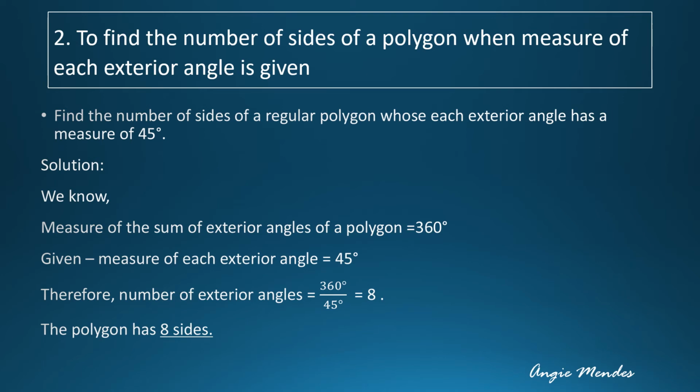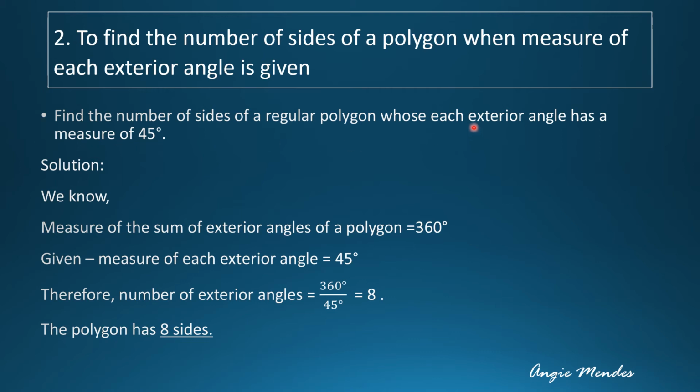Now let's take the second case, where we have to find the number of sides of a polygon when the measure of each exterior angle is given. Let's take the example. Find the number of sides of a regular polygon whose each exterior angle has a measure of 45 degrees.